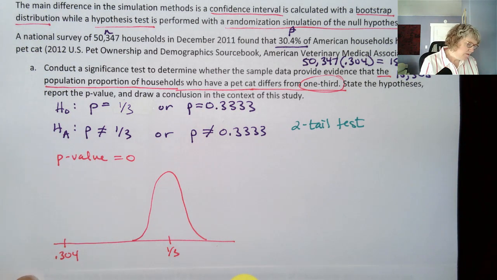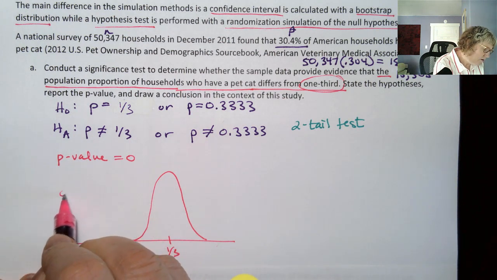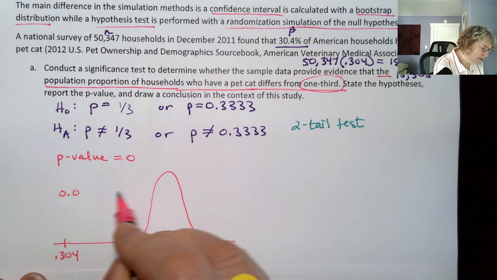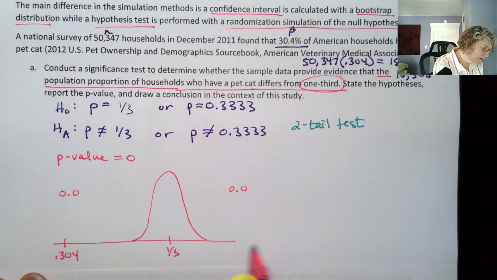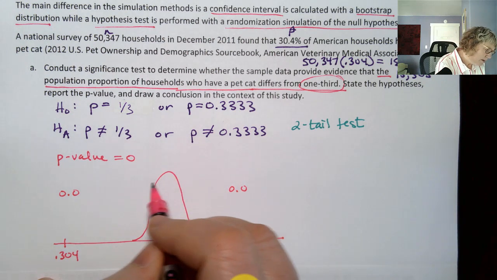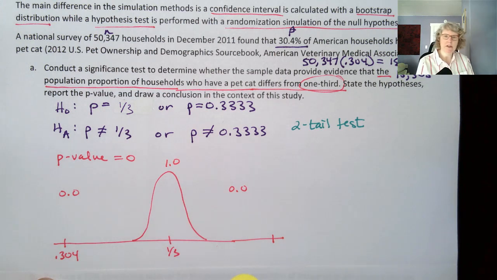So we had a p-value of 0 because on the left tail that didn't happen. So we had 0 in both tails. I'll put the symmetric point over here, and then we had 1.0 in the middle of our graph.